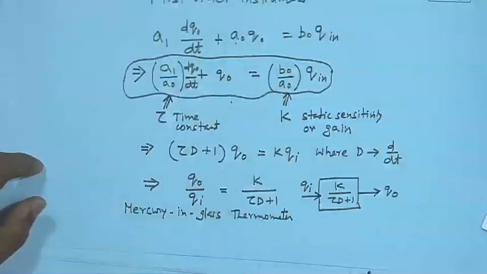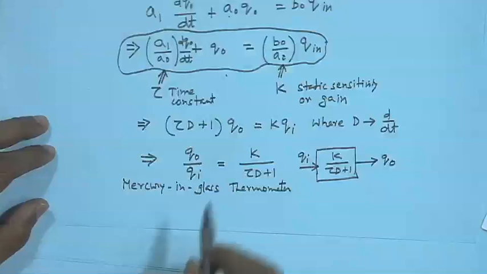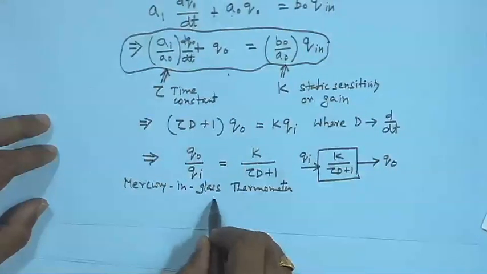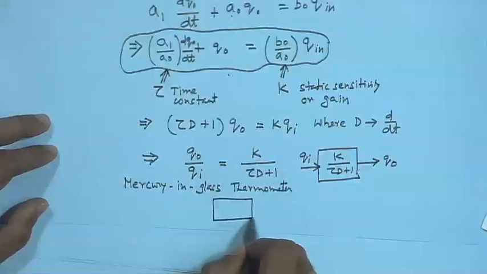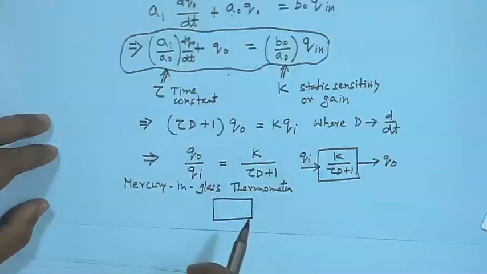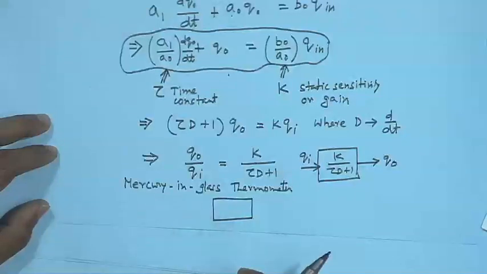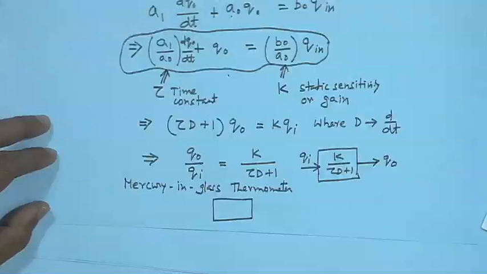So, it can be shown by writing an energy balance equation or heat balance equation that the governing equation is first order and will look like this. So, if I put my mercury in glass thermometer suddenly from say a temperature of 30 degrees Celsius to a temperature of 40 degrees Celsius, how the instrument will respond to this step input of magnitude 40 minus 30 equal to 10.